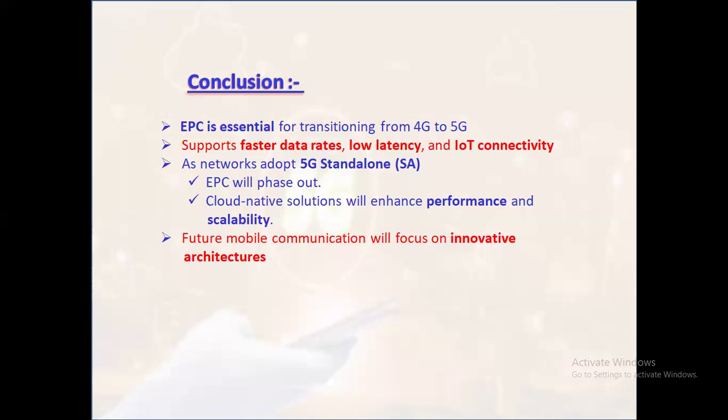This shift allows network operators to deploy new services more rapidly, adapt to changing market conditions, and enhance overall network resilience. The cloud native approach also fosters innovation, enabling the development of advanced applications and services that were not feasible with the traditional EPC architecture.